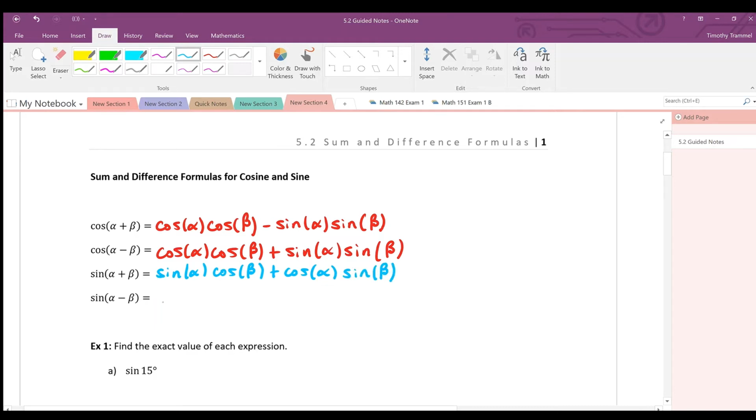And all that's going to happen with this last formula is it's going to look exactly the same, other than there will be a minus sign here. And again, proofs to two of these can be found already on Canvas if you're curious.